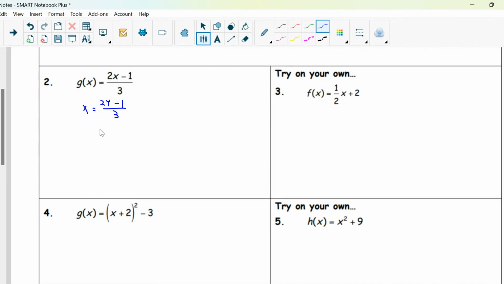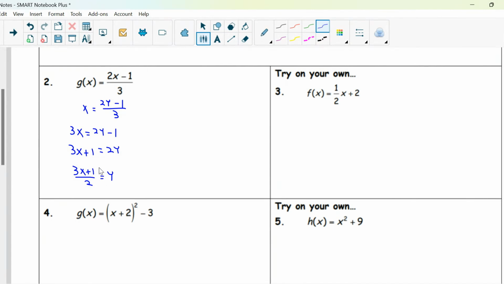So I'm going to start by multiplying by 3. So this gives me 3x equals 2y minus 1. I'm going to add my 1 to the other side. So I've got 3x plus 1 equals 2y. And then I'm going to divide by 2. So I've got 3x plus 1 over 2 equals y.